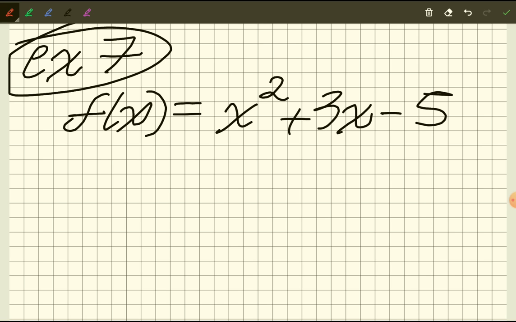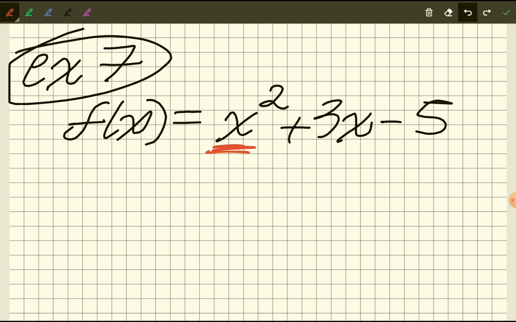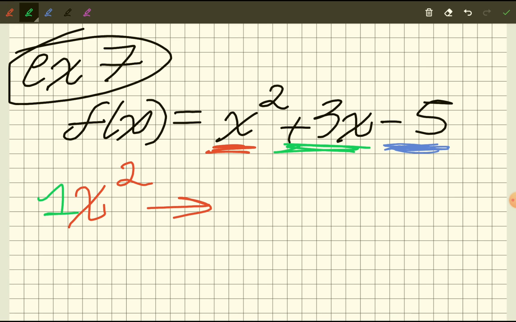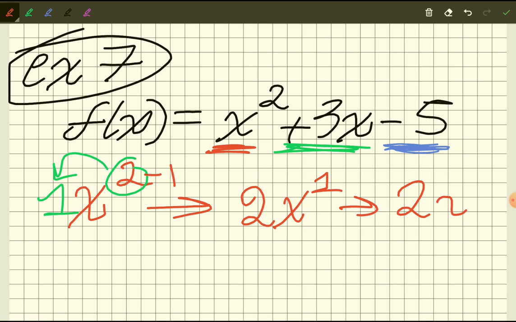So again, we have 3 different terms, and you're going to see how each piece plays out. So power property to every term individually. So x squared, remember there's that invisible 1 there. So 1 times 2 is 2. Keep that x there, and 2 minus 1 is 1. So really that's just 2x.